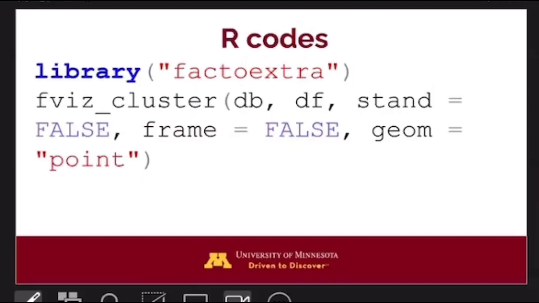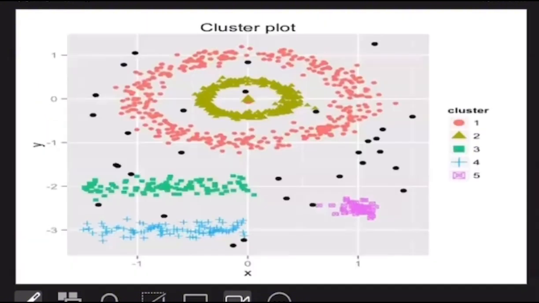Now, you know what I want to do here? I actually want an outlier to be visible. And take a look at this now, the new shape, the black dots are outliers.